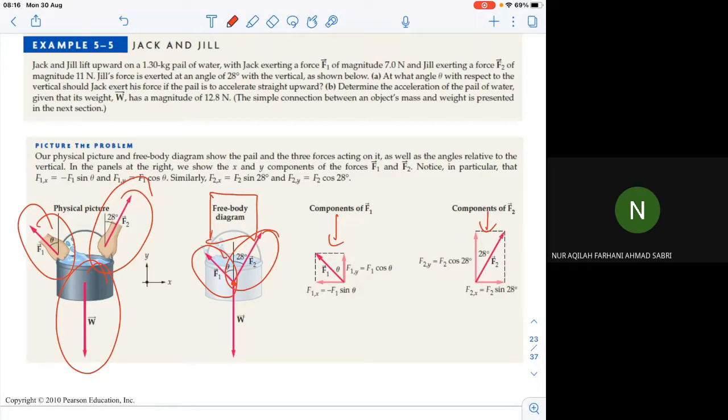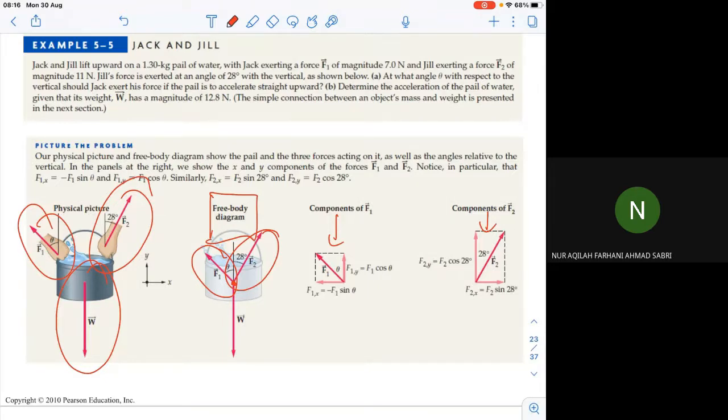W is always equivalent to weight. Weight is always directly straight downward, so W will be in the y axis. Without any hesitation, W doesn't have an x-axis component.